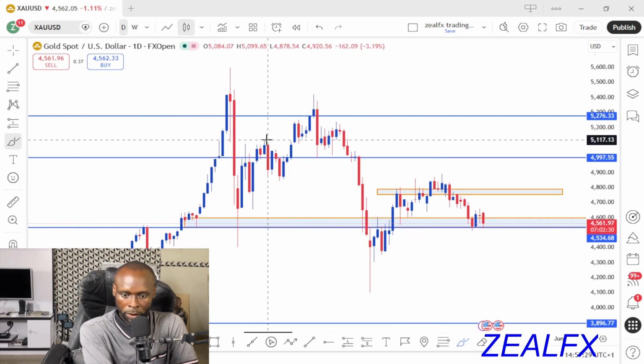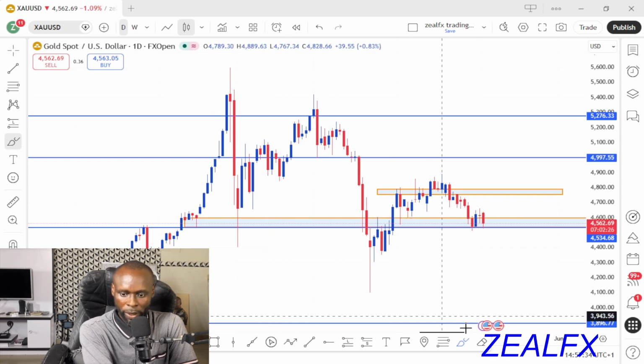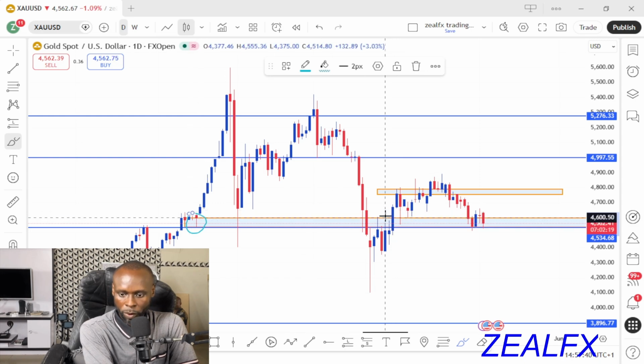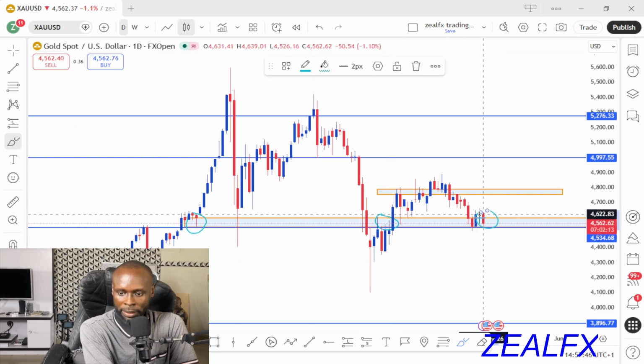On the gold USD on my daily chart, we can clearly see that price is currently at this strong reversal level. So long as we have price on this level, this level is a demand level.